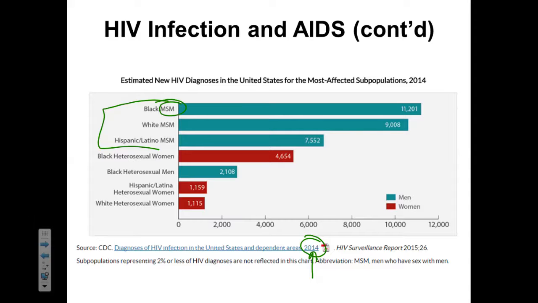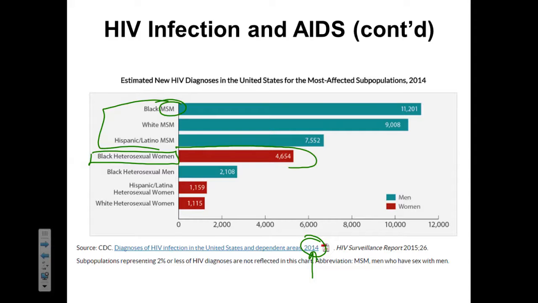The reason the CDC uses the term men who had sex with men is because the CDC, Center for Disease Control, is more concerned about risky behaviors than it is concerned with someone's sexual orientation. Black heterosexual women represented the fourth biggest increase in HIV AIDS cases in the year 2014 in the United States.